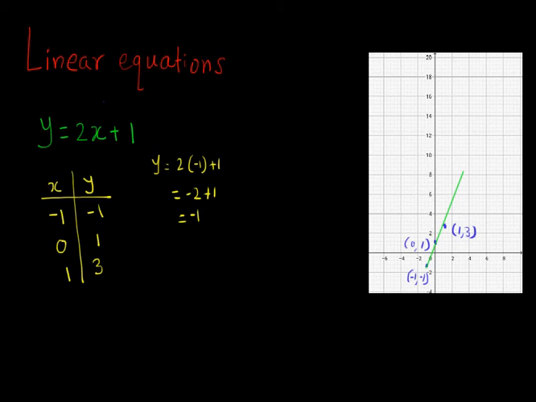Now if this is the linear equation, then what are the non-linear equations? So let me give you some examples of non-linear equations. xy is equal to 1. This is the equation which is non-linear.